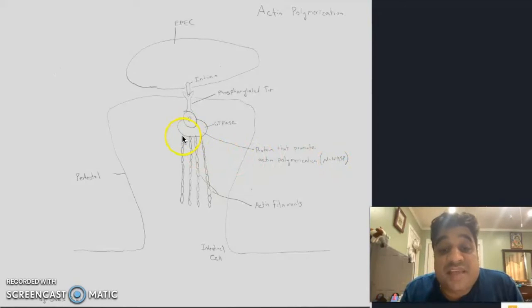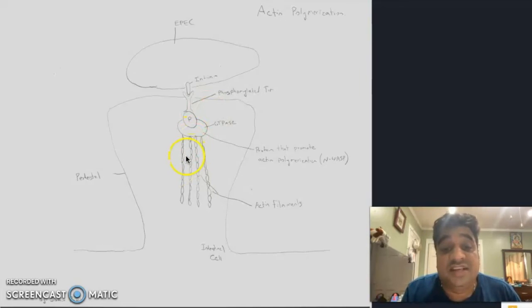And that will promote the actin to polymerize and form little chains here. If you see these four chains, they're all different little actin filaments bound together. They usually do like 4 to 5 chains, sometimes 3 chains.